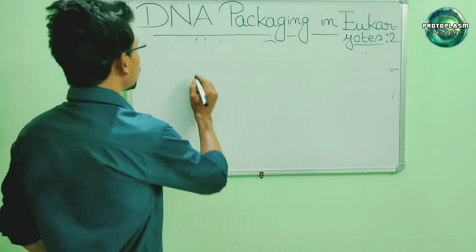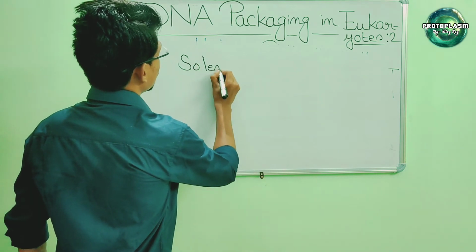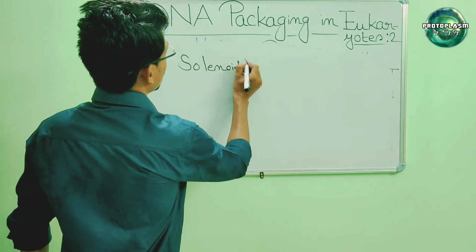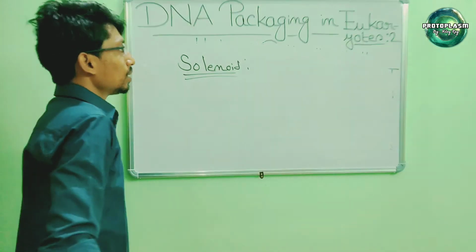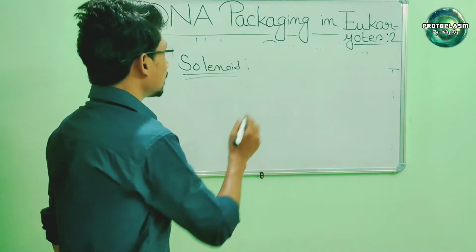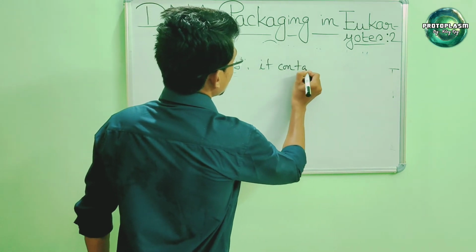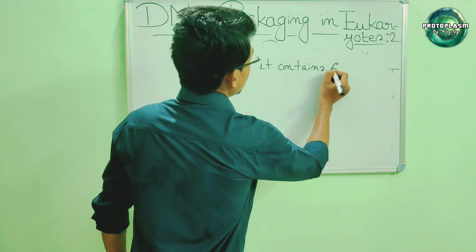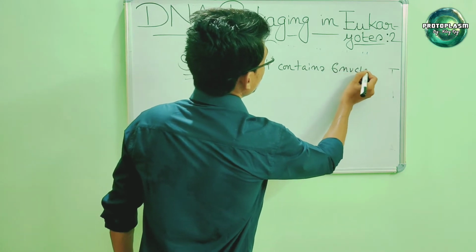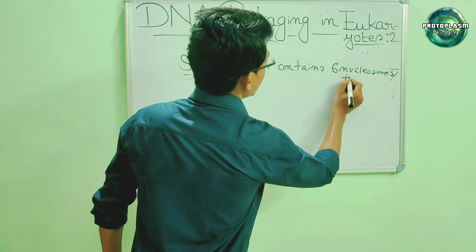Now remember, these nucleosomes are again condensed into a 30 nanometer fiber. Before that we will learn about the solenoid. The solenoid model is a simple model. Remember this, it contains 6 nucleosomes per turn.